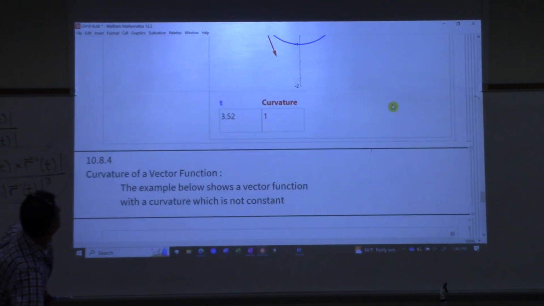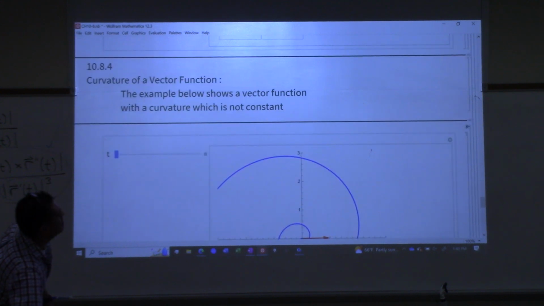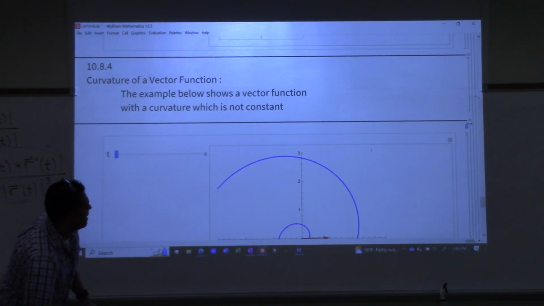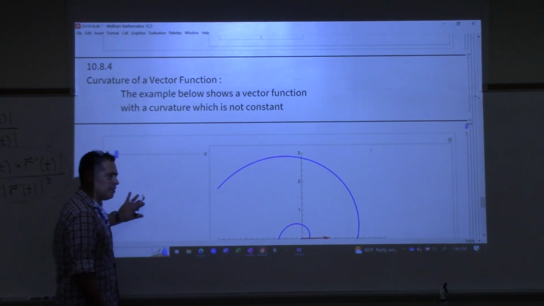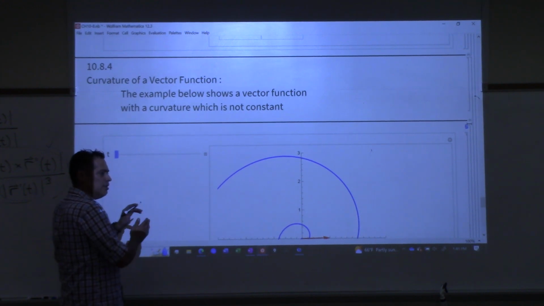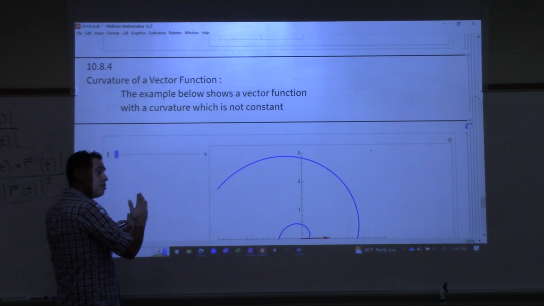Yes? Do we have a unit of measurement for curvature? As far as I know, no. It's just a numerical value. Okay. Yeah, I mean, you could put some. Think about if it was really in space. If you knew feet, inches, you could do a change, rise over run.